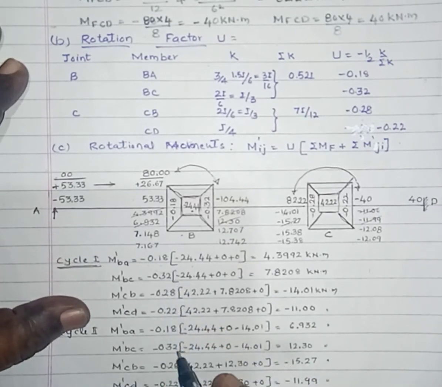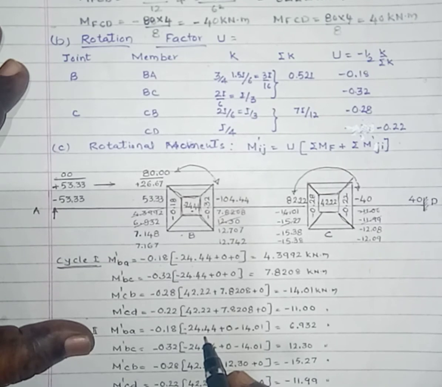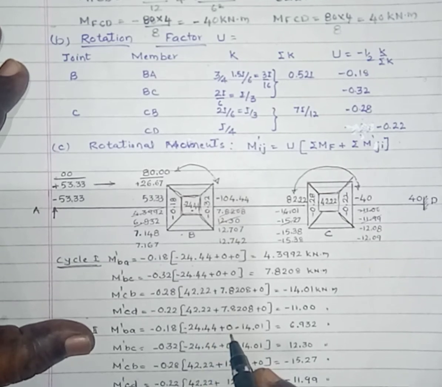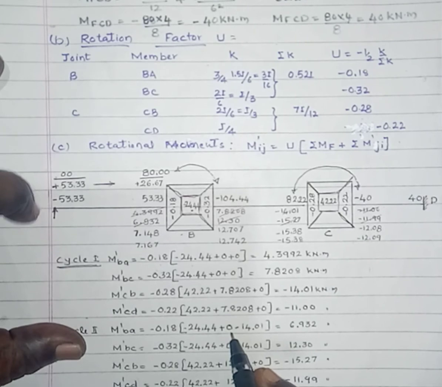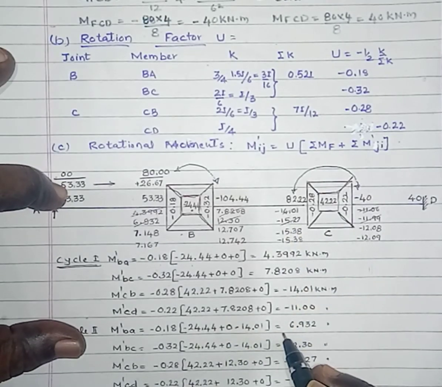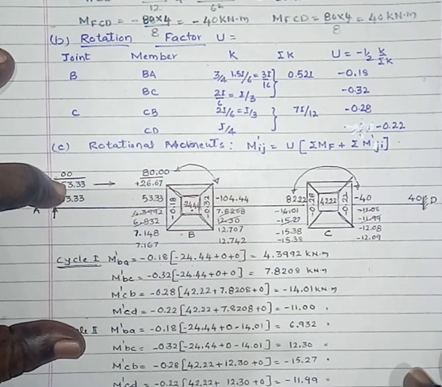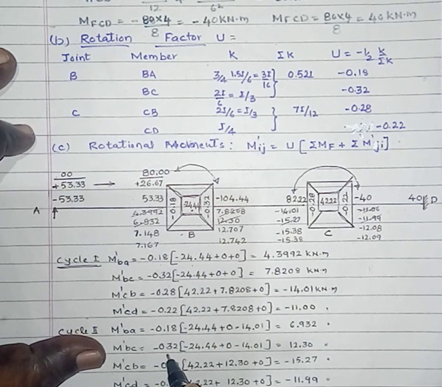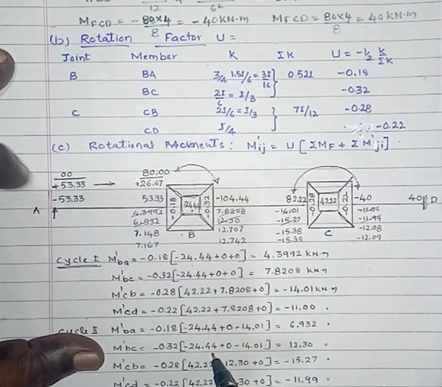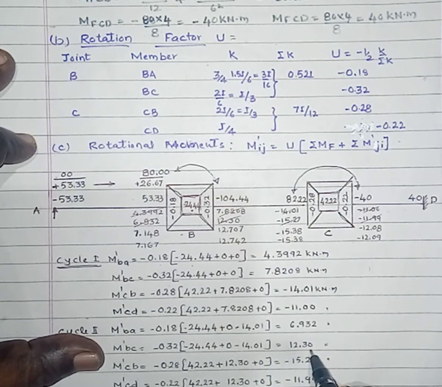Inside of the bracket, that is minus 24.44, sum of the fixed end moments, plus far end contribution from A, that is 0, from B, that is minus 14.01, that equals 6.932 after simplification. Then M dash BC, the rotational factor is minus 0.32. Inside of the bracket, sum of the fixed end moment is minus 24.44. Far end contribution from A, it is 0. From C, it is minus 14.01. Then after simplification, you will get 12.30 kilonewton meter.